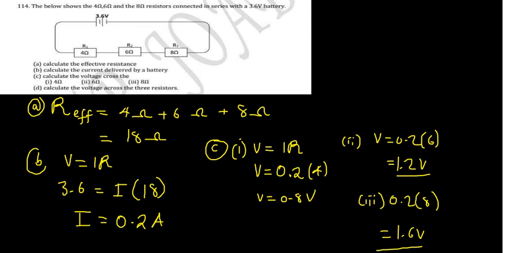And then calculate the voltage across the three resistors. So now you need to add these. The voltage across the three resistors is going to be 0.2 plus 0.8 plus 1.6. What is it producing? 3.6 volts.